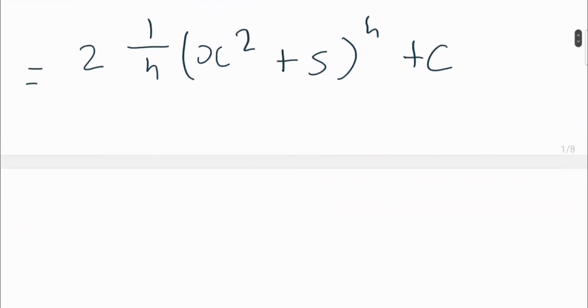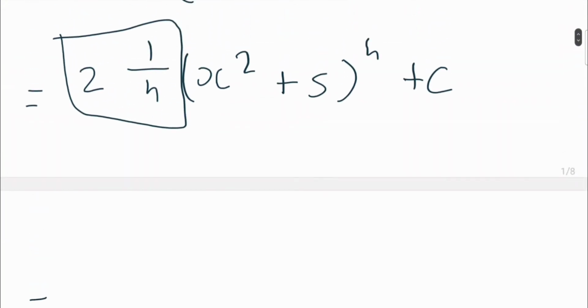But then you might see this, and you might think, hang on a minute, we can do 2 over 4. So that's what we're going to do, because this 2 here is just equal to 2 over 1, and it's multiplying. So 2 times 1 equals 2, and then 1 times 4 is 4.